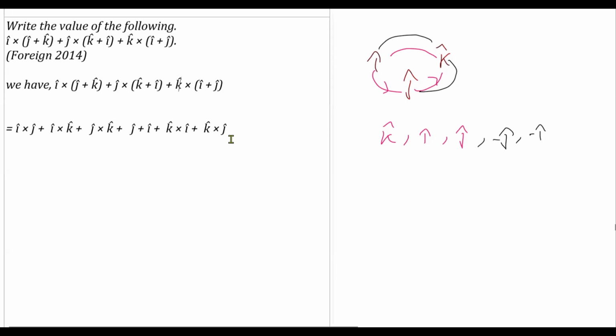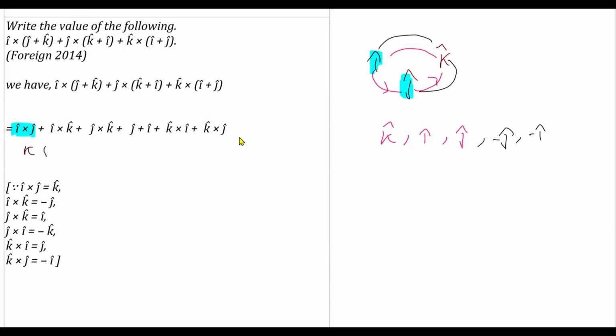You can see from here, I can replace i cross j. i cross j is what? k. So I'll be writing this as k over here.